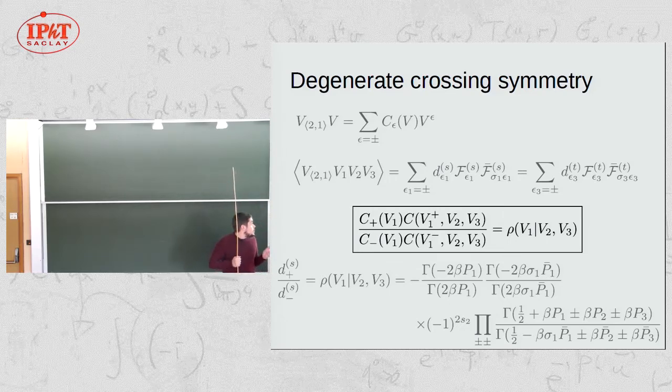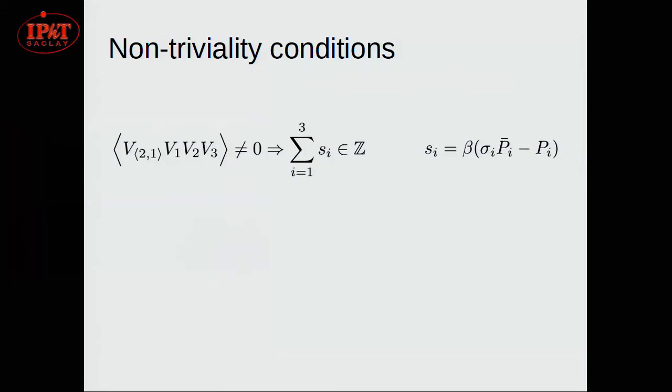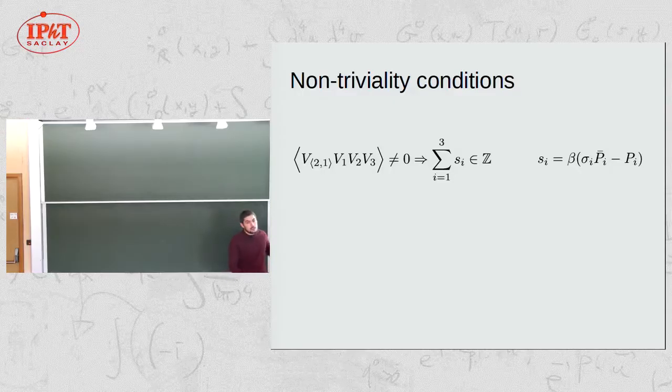But all of this, of course, holds provided that there exists a non-trivial solution for this 4-point function, that is, provided we can write this expansion with coefficients here that are non-zero. And this will happen only if the sum of the S indices of the non-diagonal fields is an integer.